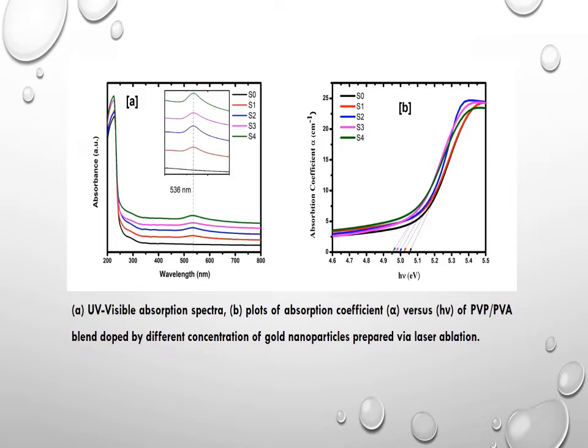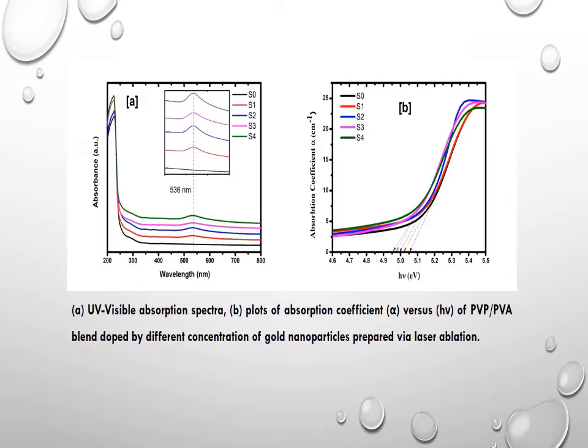When the gold nanoparticles are embedded in the PVA matrix, the optical alpha increases with increasing h nu. The absorption energy of the PVA blend is equal to 5.03 electron volts.